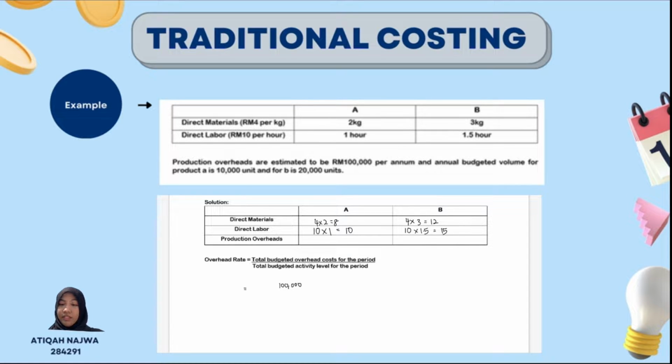For the total budgeted activity level, we take the time times the units given. So for product A, 1 hour times 10,000 units. Plus product B, 1.5 hours times 20,000 units.